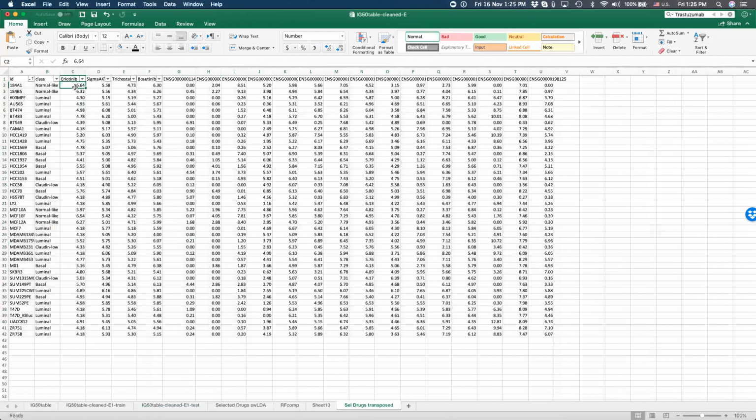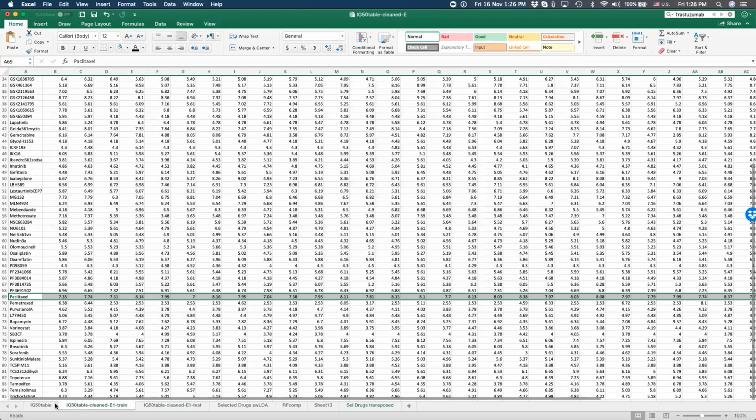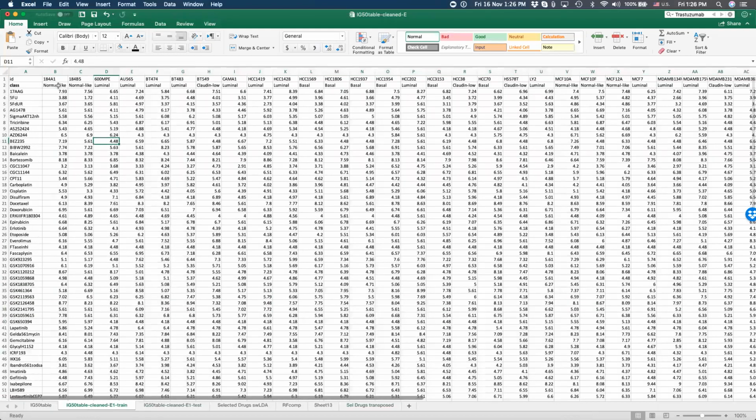If everybody can see my screen, I think we have already talked about how there are classes that we can incorporate into this table for different cell lines and for different subtypes that represent breast cancer subtypes. So probably, the first thing that we would want to do is add that information in here, right?